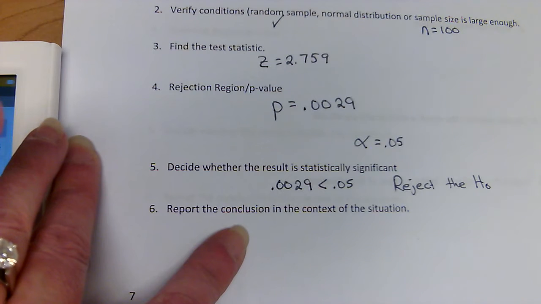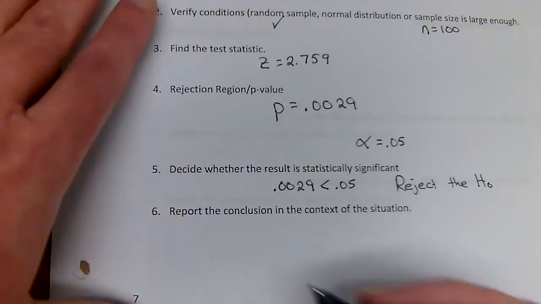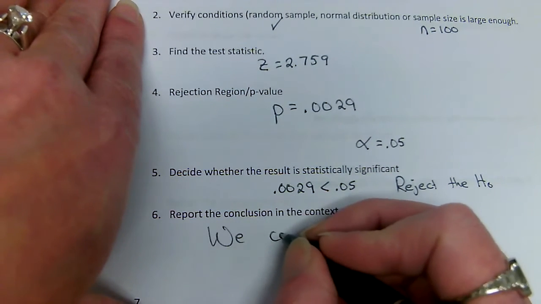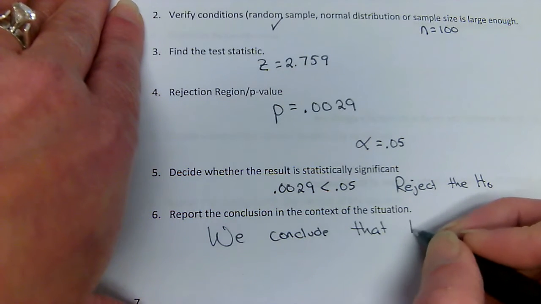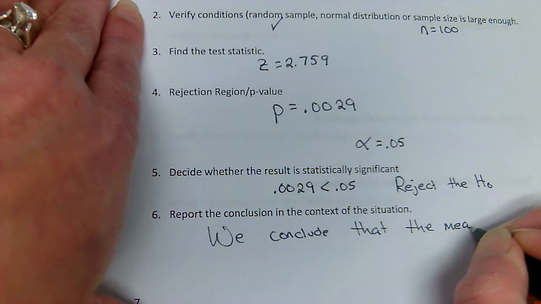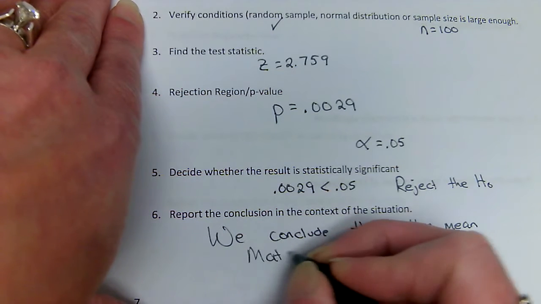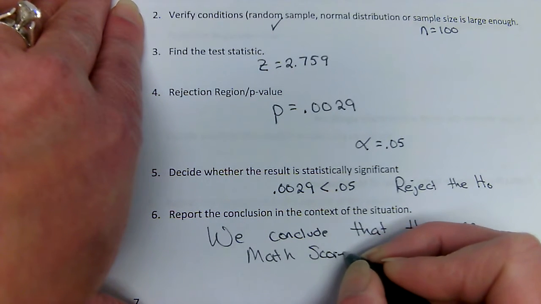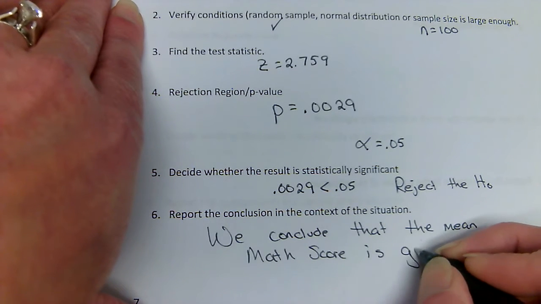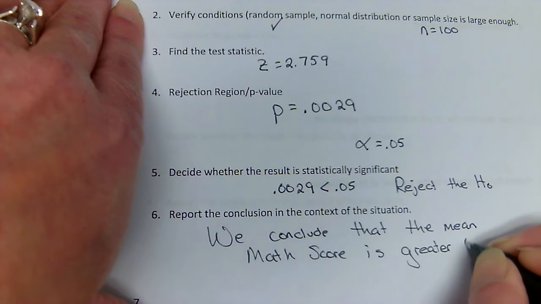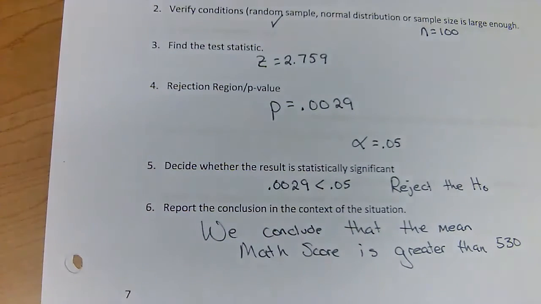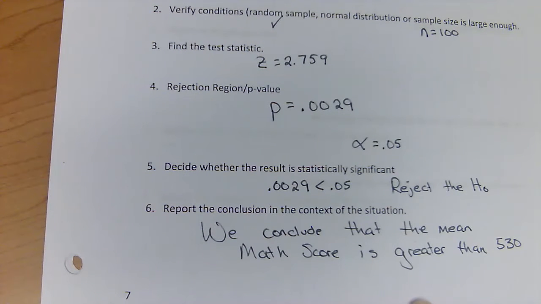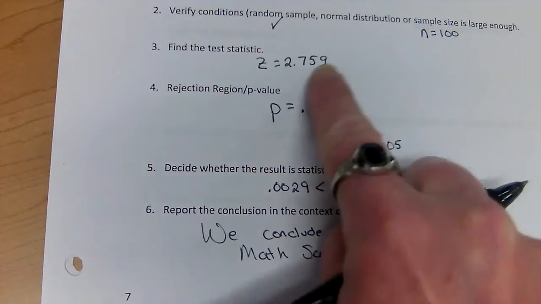So what does that mean? That means we conclude that the mean math score is greater than 530.